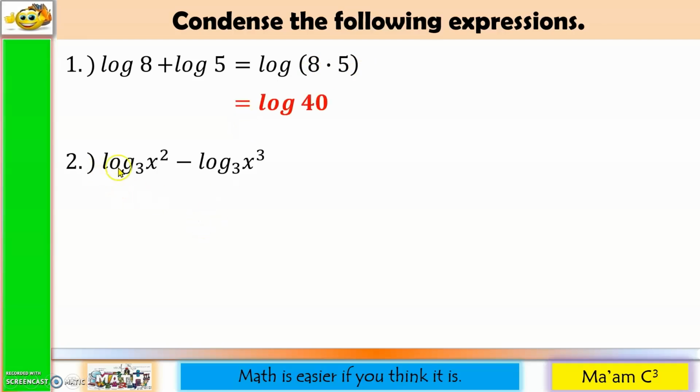Next one, the logarithm of x squared to the base 3 minus the logarithm of x cubed to the base 3. So minus, so it could be condensed using the quotient law. So this will be the logarithm of x squared over x cubed. And I can simplify this. I still have 1 x in my denominator.